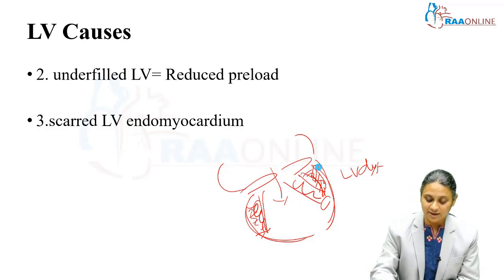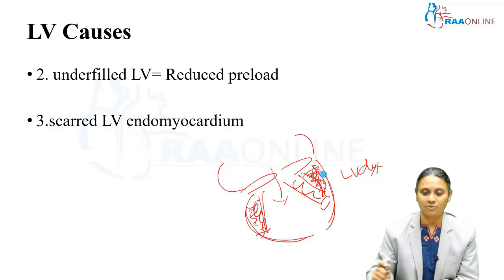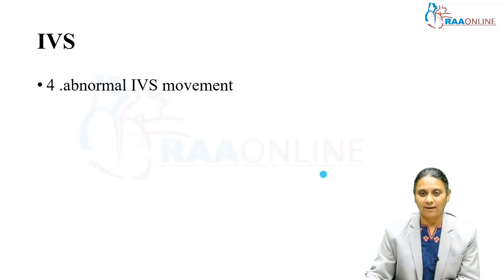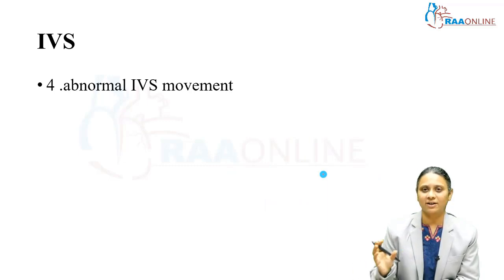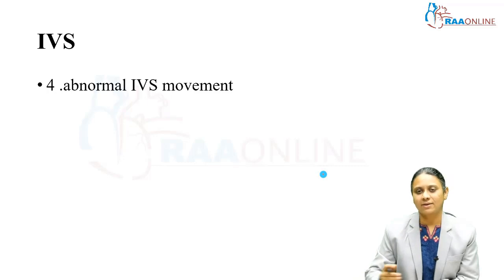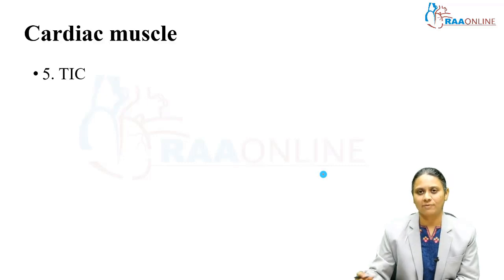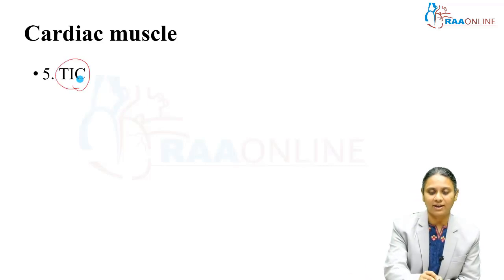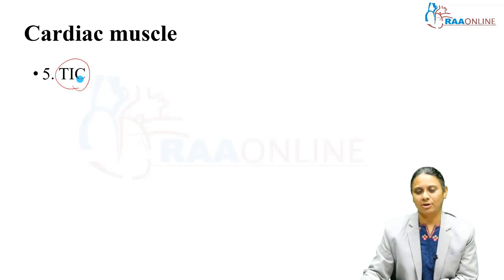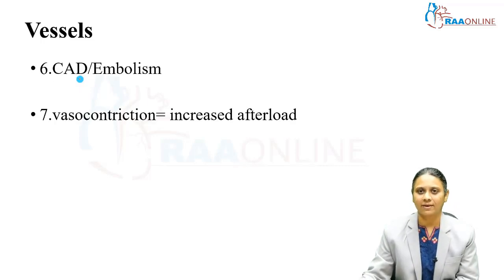So, there is scarring of the endomyocardium along with the subvalve apparatus. Abnormal IVS movement, because of either a dominant RV or an underdominant LV, results in reduced cardiac output, which is not able to adapt initially after the balloon valvotomy. Presence of atrial fibrillation, chronic or permanent atrial fibrillation, results in tachycardia-related cardiomyopathy.